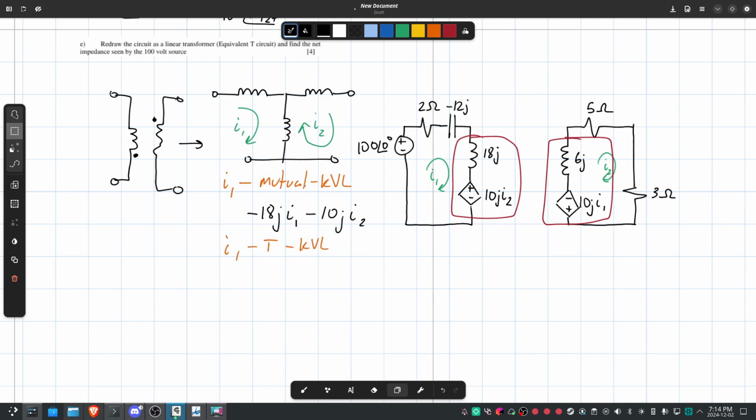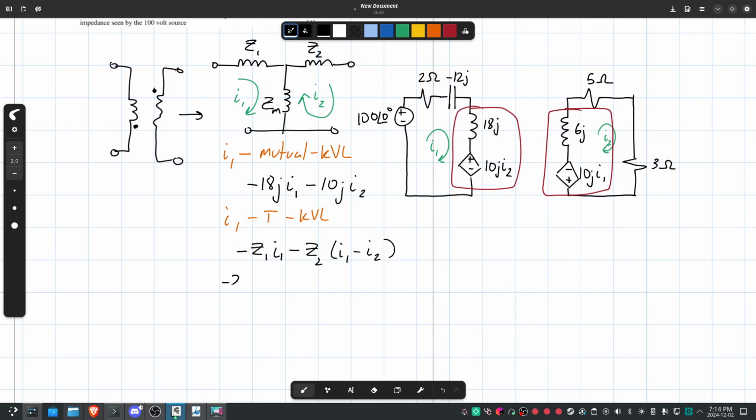What we're going to get is minus, let's call this the impedance 1, impedance 2, and then the impedance mutual. We're going to get minus the impedance 1, I1, minus the impedance 2 of I1 minus I2.